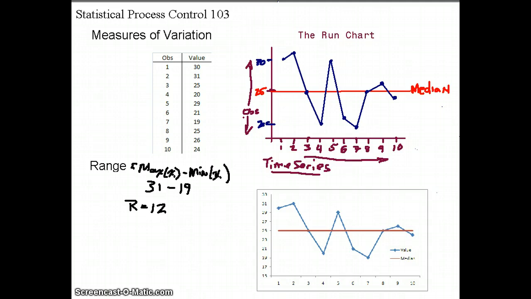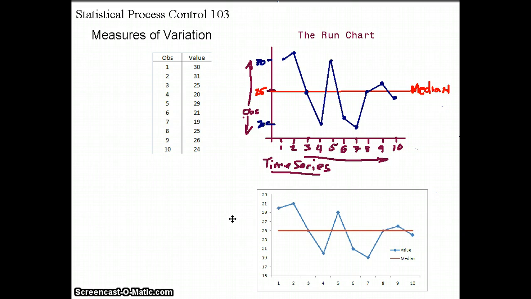And yet the two processes would not be equivalent. So range turns out to be a pretty lousy measure of variation. So let's think a little more deeply about how we might construct a measure of variation that would be more useful than the range.